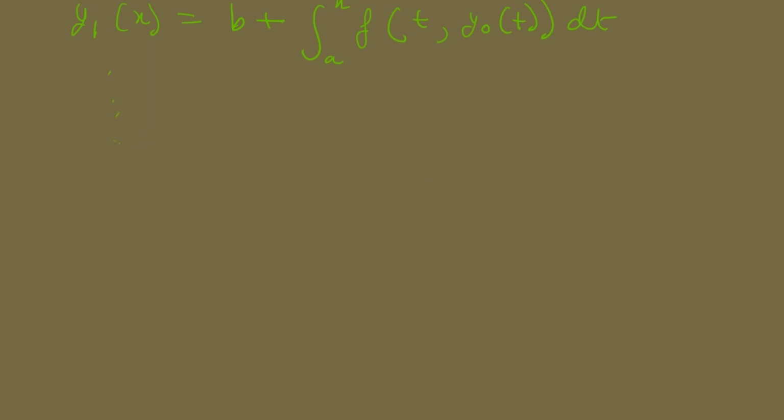If you continue like this, you will go on till y n plus 1, which will be equal to b plus the integration from a to x of f of t comma yn of t dt.